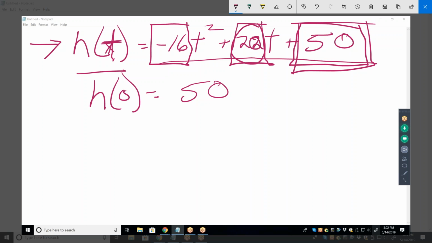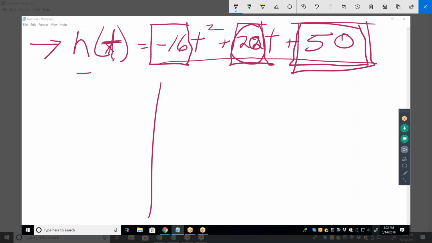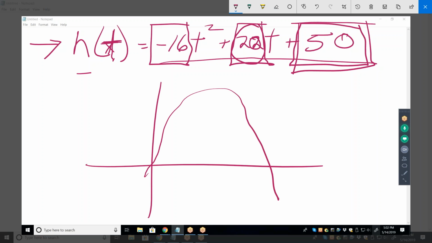Okay. So if we look at that function as a quadratic, it's going to be upside down, right? Yeah. Because it's got a negative coefficient, meaning it's going to open down.